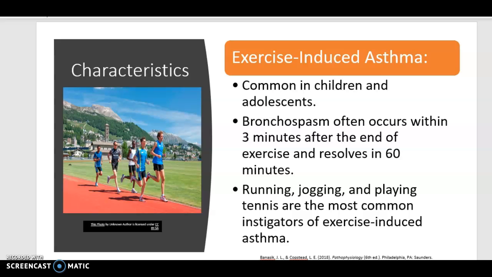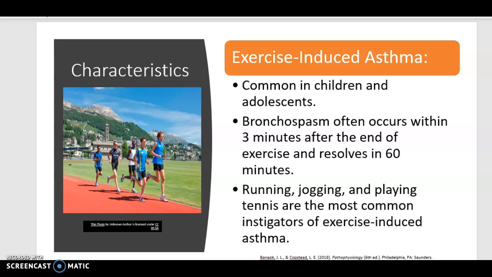Heat loss, water loss, and increased osmolarity of the lower respiratory mucosa are believed to stimulate mediator release from basophils and tissue mast cells. Mediator release produces airway smooth muscle contraction, and bronchospasms occur, like I said, within 3 minutes after the end of exercise and can resolve in 60 minutes.